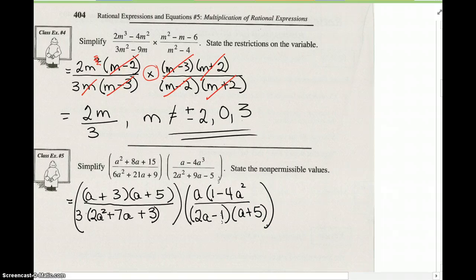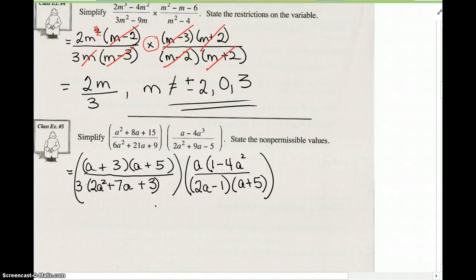Now, we need to go one step further. So what I'm going to suggest you do, and I'm going to show this to you over at the side, when you have these kind of questions, you may want to just work over at the side when you are factoring. So in the case of this question right here, I probably wouldn't have done this step first.